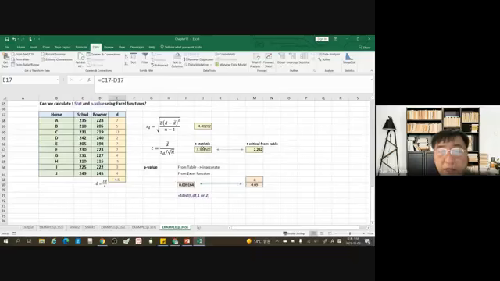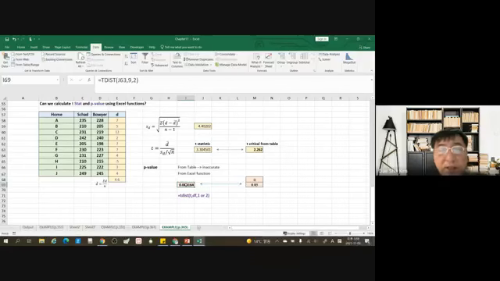And we take the critical T from the T distribution table and compare. This is bigger. So we will reject H0. They are different. The p-value is difficult to do by hand, so the Excel function is T.DIST with the t-value, degrees of freedom, and 1 tail or 2 tail.